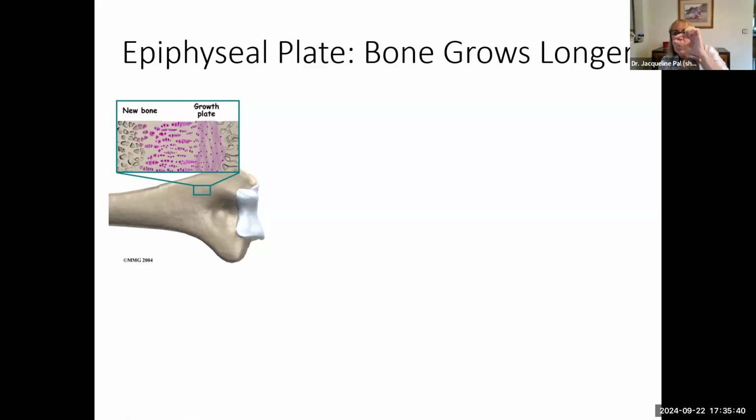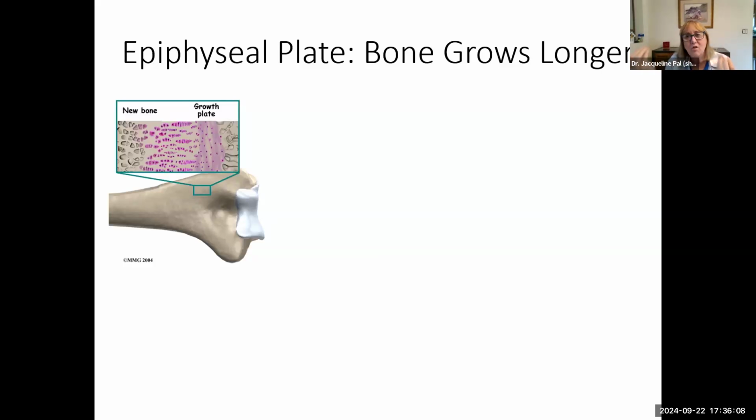If that piece of cartilage, if the only thing that happened was that piece of cartilage became bone, then you wouldn't grow any longer. But remember, there's only two ways we can make bone, and one is from mesenchyme, which is a fetal connective tissue. Okay, so your growth spurt happens when you're 10, 12, 14 years old. You don't have any fetal connective tissue left over.